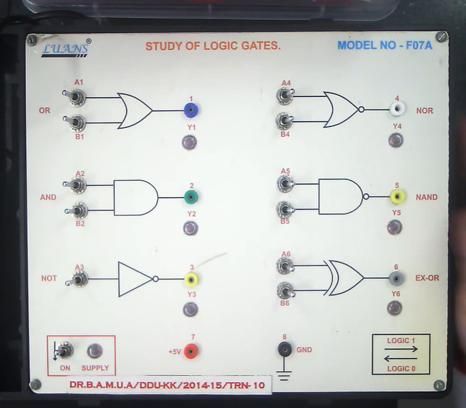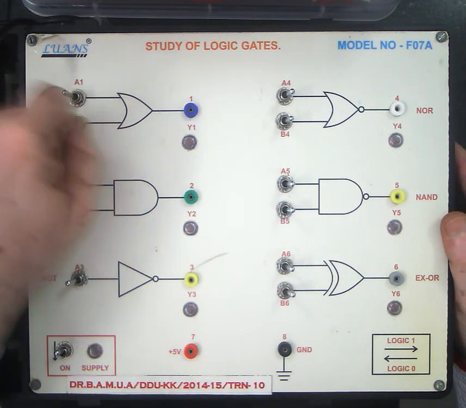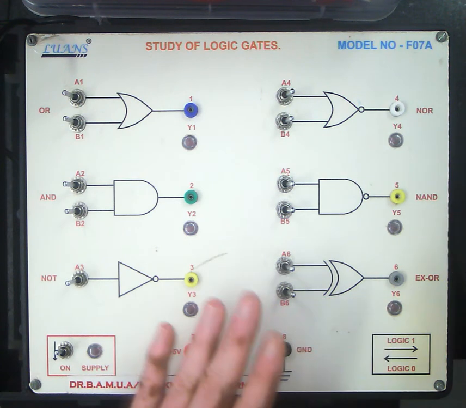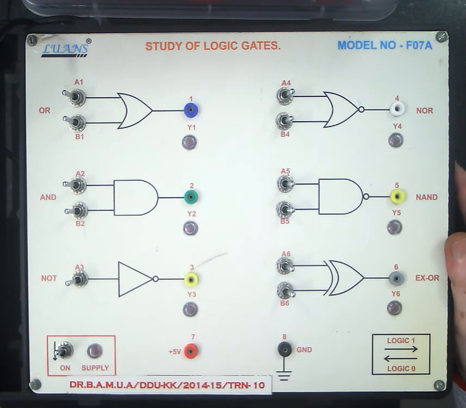Now you see, the experiment can be finished within 5 minutes just by putting the switch on or off. The LED will glow and the experiment will be over. But important is the conclusion, that why such things are happening and what if they happen.